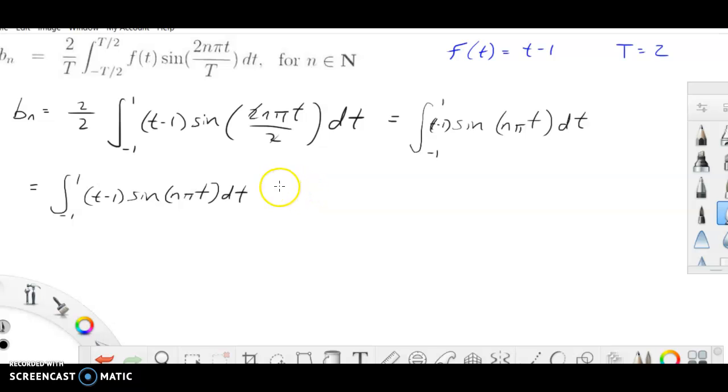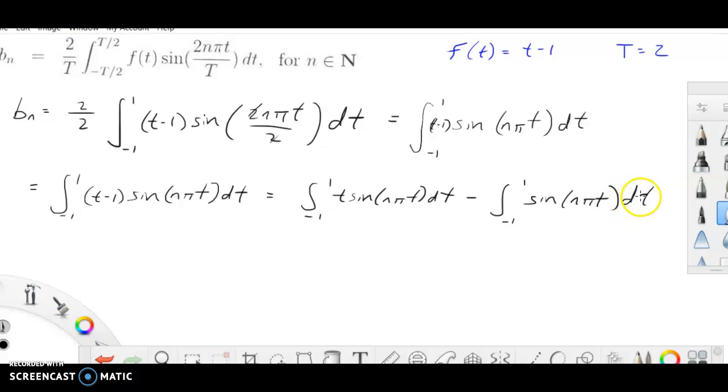Now we can split that into two integrals, so we'll have t multiplied by sine n pi t dt. Take away, we're multiplying the minus 1 by that, so we get sine n pi t dt.